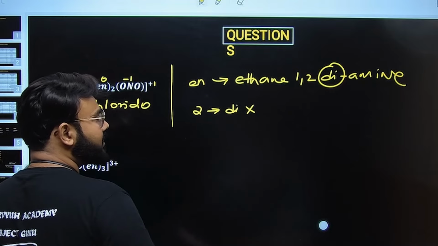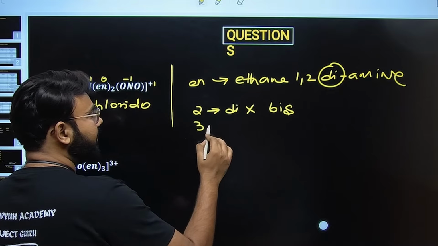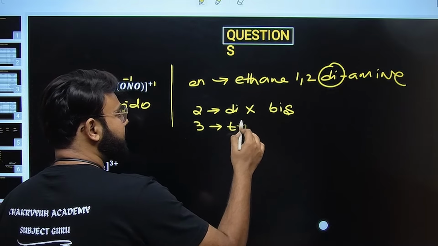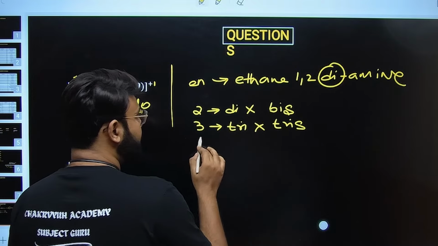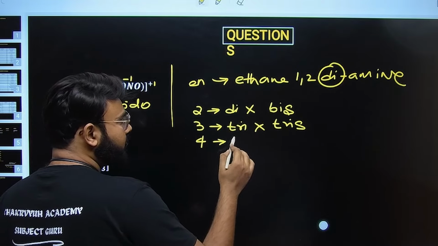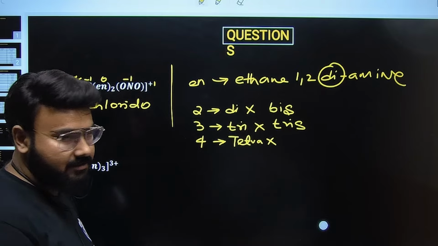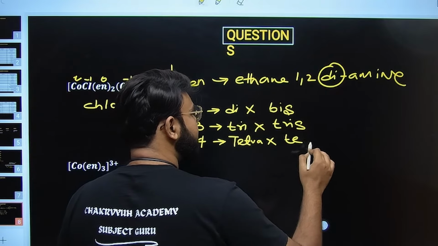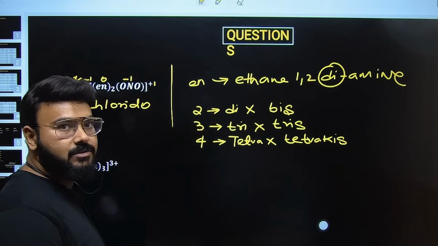For such ligands, we will use bis. For three, don't use the word tri. We will use tris. And if you have four of them, then don't use the word tetra. We will use the word tetrakis. Bis, tris, tetrakis, pentakis, and so on.